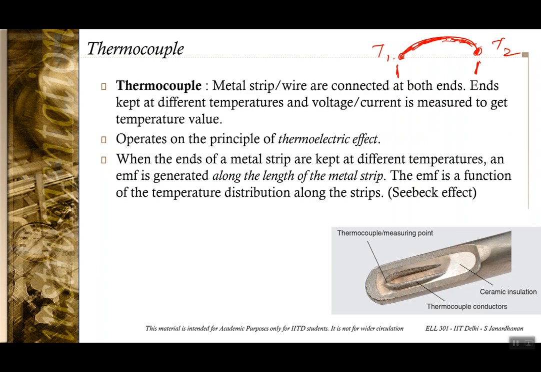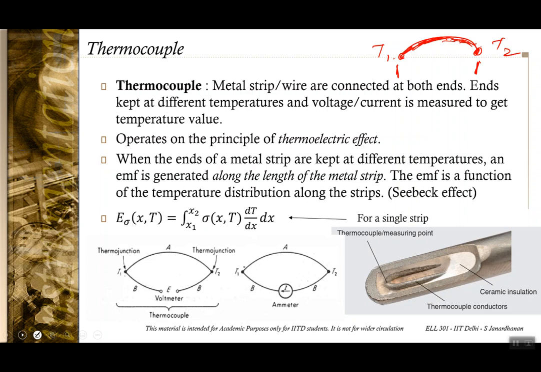Note that here we are talking about only a single metal strip. Okay, so let's get into a little mathematics of it. The EMF across these two ends, across T1 and T2, is a function of sigma of x comma t, where x is the distribution of the material along the length of the strip, and t is the temperature at any point in the strip.